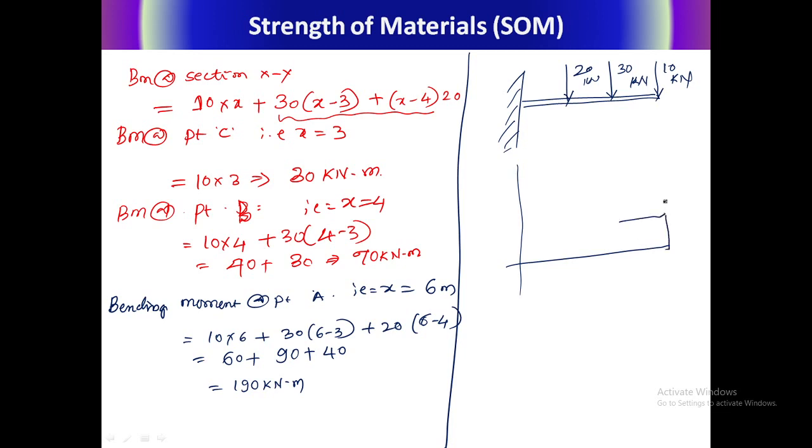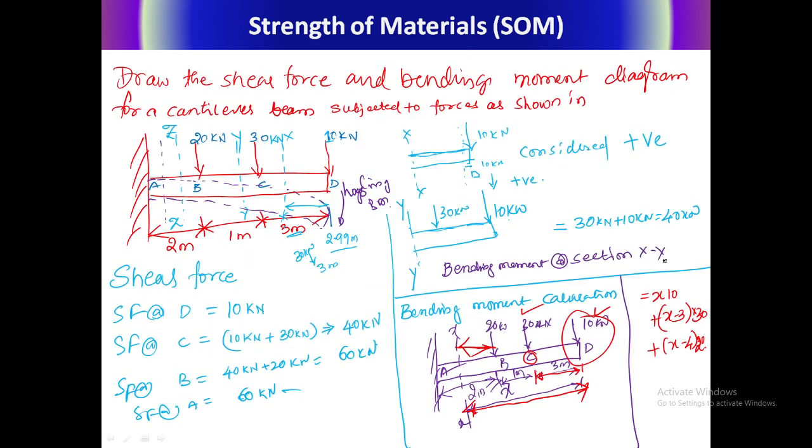This value is going to become positive, right? Now again it is going to rise. Again it's going to become constant. Again it is going to rise. Now all values are positive here. Now this is point A, this is point B, this is point C, and this is point D. Now let us notify the values here. At D it is 10 kilonewton, at C 40 kilonewton, at B it is 60 kilonewton, at A it is also 60 kilonewton. Let us write here.